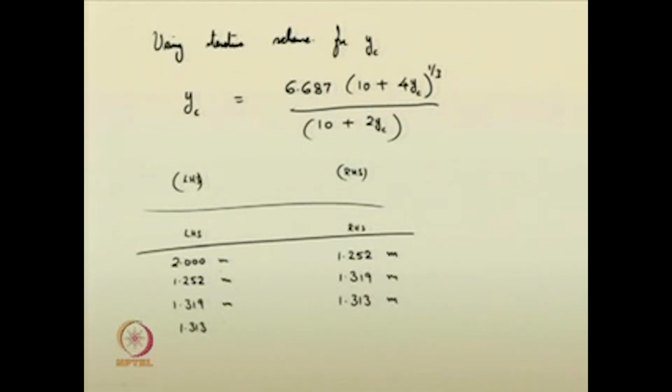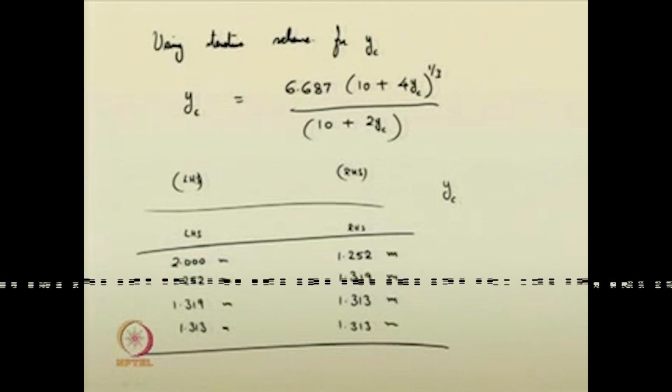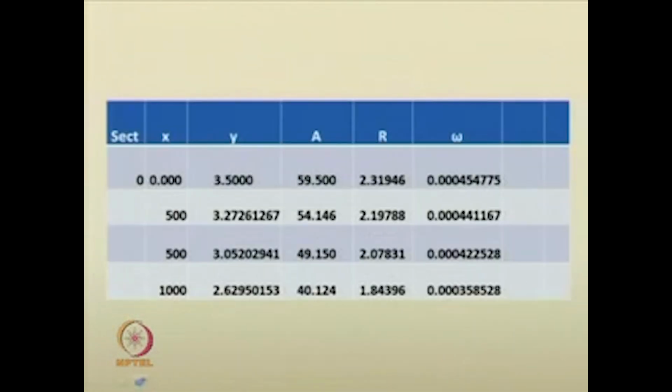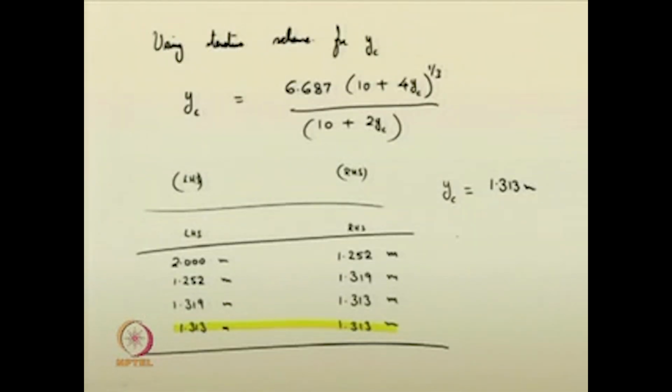I substituted 1.313 in the LHS and in the RHS also. Subsequently, I am getting this RHS as 1.313 itself. Therefore, your critical depth is identified to be this particular quantity. So, I can write YC is equal to 1.313 meter.